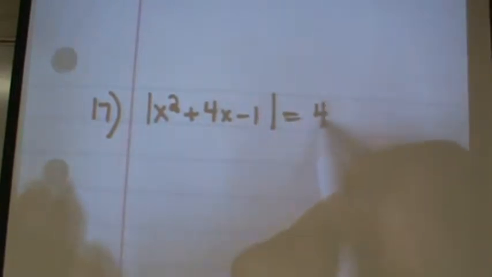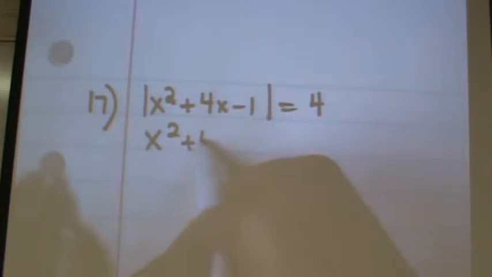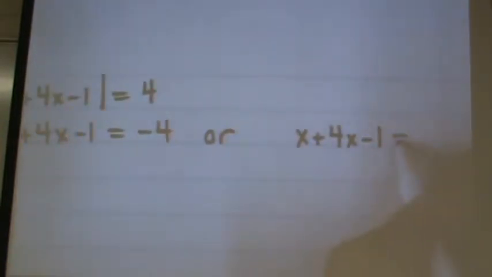Number 17, we have the absolute value of x squared plus 4x minus 1 equals 4. We're going to break this up into x squared plus 4x minus 1 equals negative 4, or x squared plus 4x minus 1 equals positive 4.